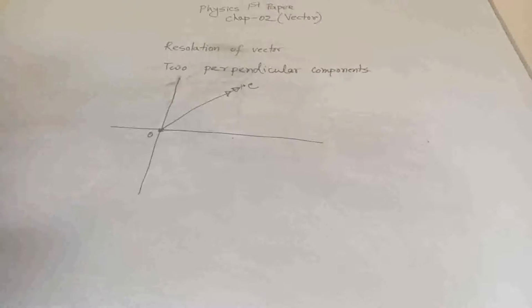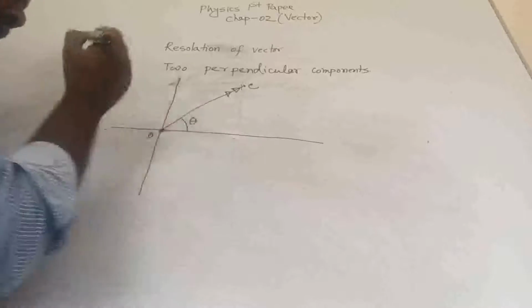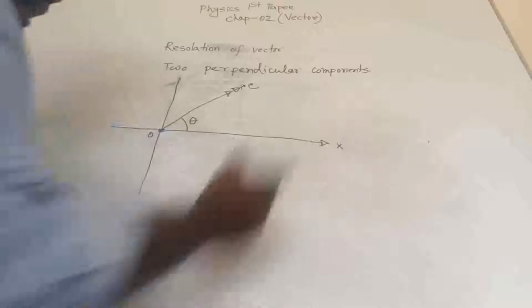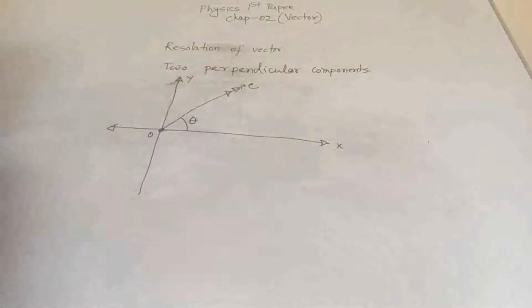And the direction, for example, is making an angle of theta with the horizontal axis. You can call it the x-axis, and we can call this one the y-axis. And this vector is making an angle of theta with the x-axis.